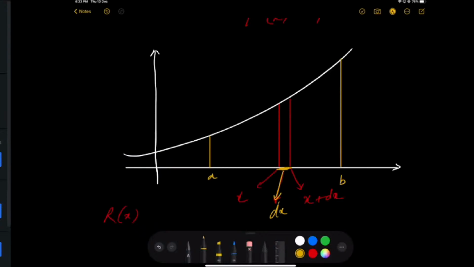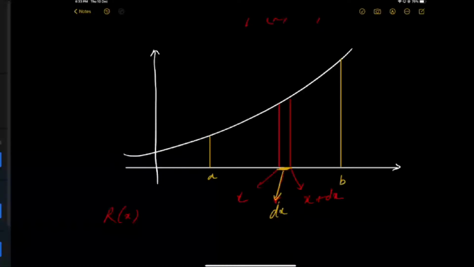So tell me, what is R of x plus dx minus R of x? It is actually area till here minus area till here. So you'll get this area. So R of x plus dx minus R of x is this area, correct?